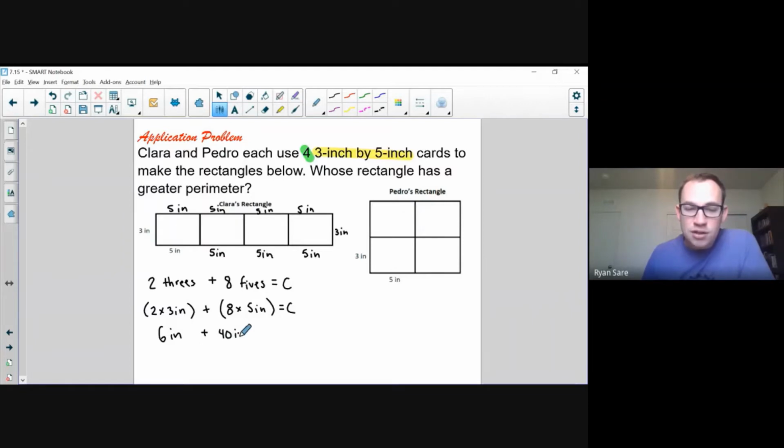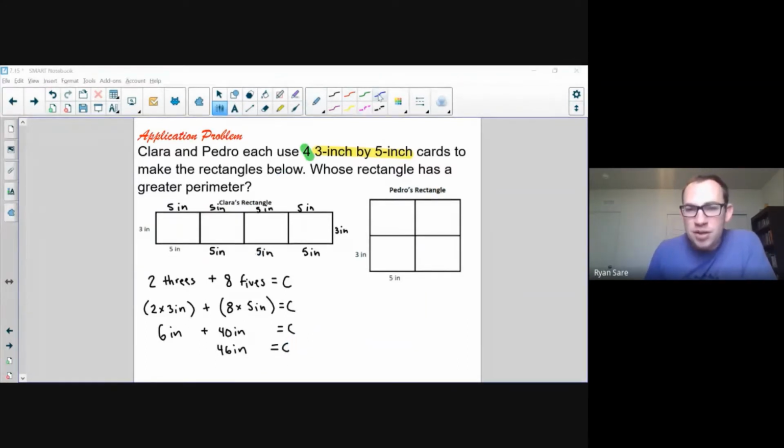So 40 inches. These all still are equal to C. And this one's easy to add together because there's a 0 in the 1's place, a 6 in the 1's place, 4 in the 10's place, and nothing in the 10's place here. So we know that the perimeter of Claire's shape is equal to 46 inches. And we're just using these variables to help us with that.